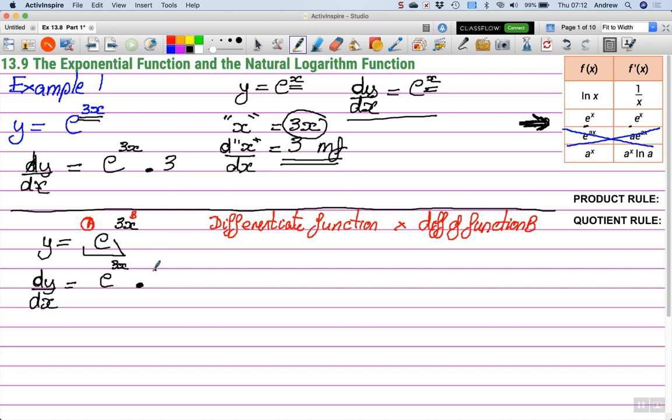And now I multiply by the differential of the b function, and the differential of the b function is 3. So both methods are incorporating the chain rule, but this one is slightly faster, but it involves a bit more of a memory game. Okay, we move on.